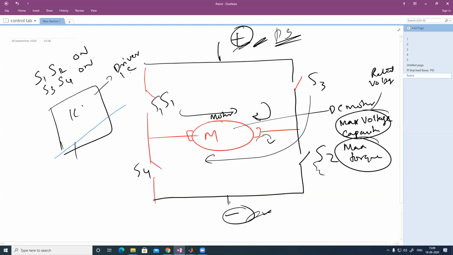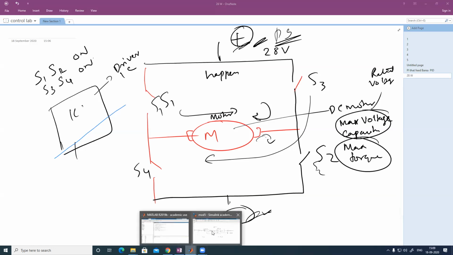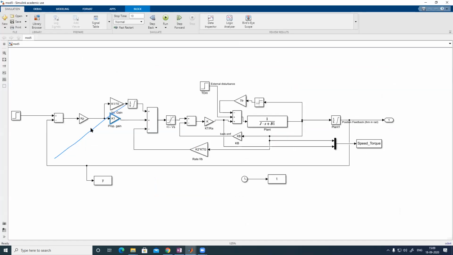For a driver, if it is 28 volt and it is demanded 50 volt, the driver cannot supply, and the driver will burn. Physically it is happening like that, it cannot give more than 28 volt. But in simulation also you have to mimic the same thing, so you have to give a supply voltage limit here.